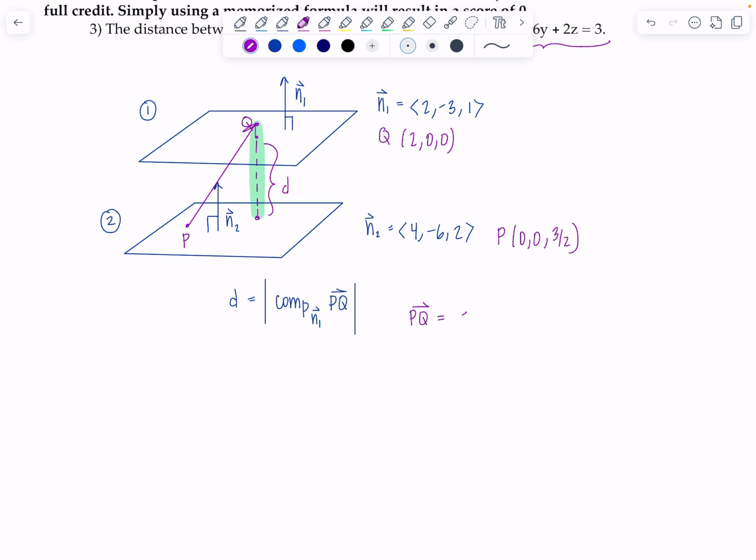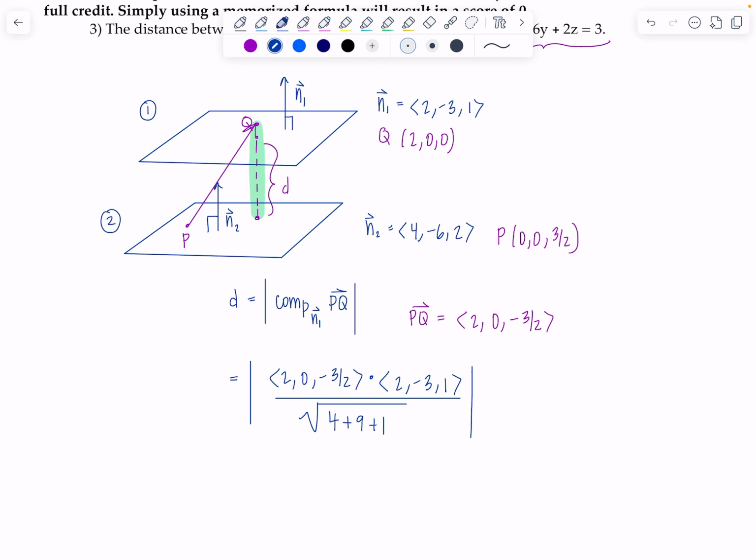PQ will have components 2, 0, negative 3 halves. Great. So the distance now is going to be the absolute value. This scalar projection you find by taking the dot product of the two vectors, PQ and N1, and then I divide by magnitude N1. So that's going to be square root of 4 plus 9 plus 1. Perfect.